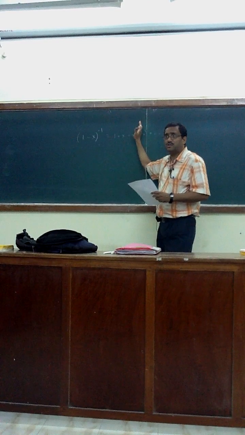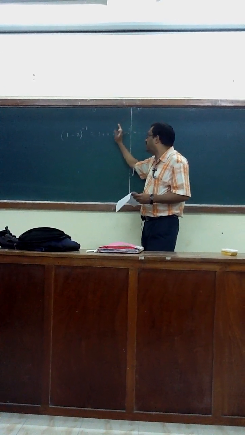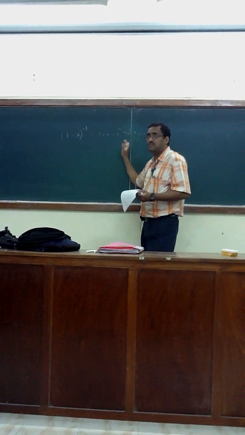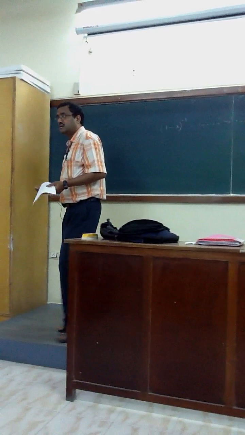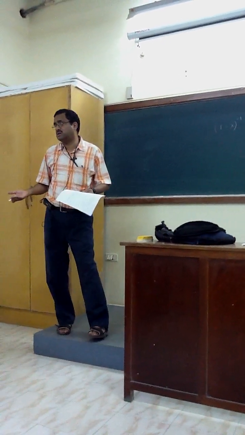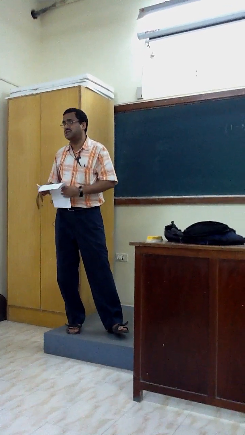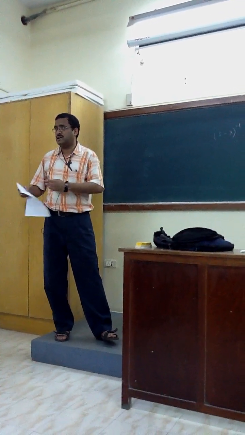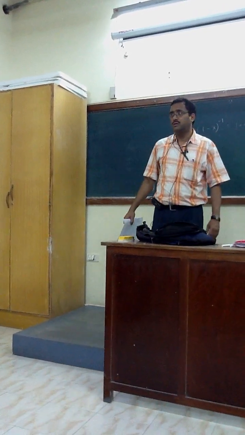I took up to the x square term, orthonormal function. That means accuracy can be improved if I simply add one more term. That was the answer. Simple question: if I add one more term in the orthonormal function, so I did 1, x, x square, if I take x cube and take orthonormal e3(x), if I add that, definitely I get a better approximation. That's what I wanted. 2 marks was given.